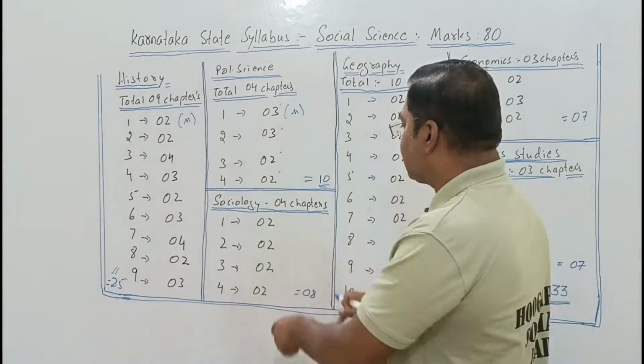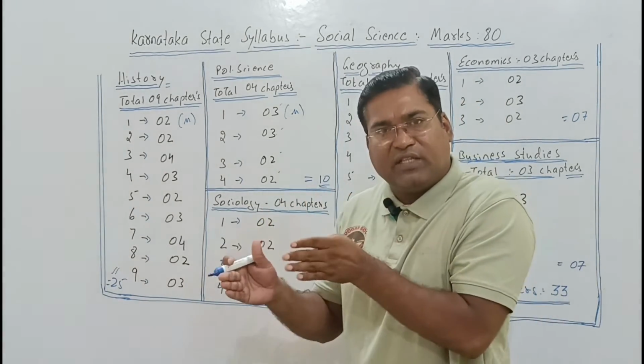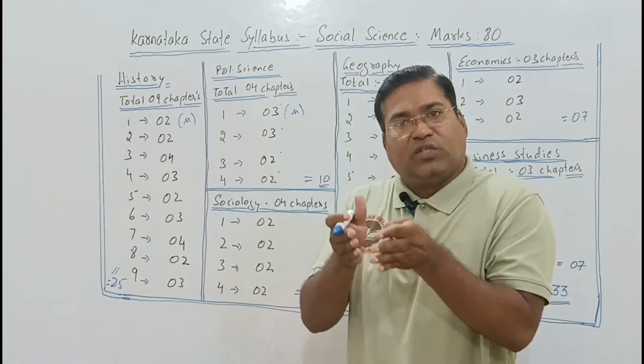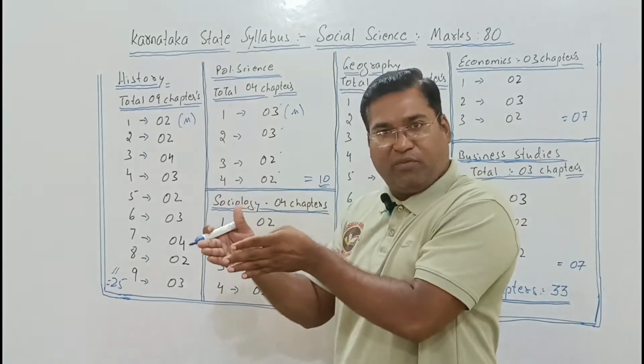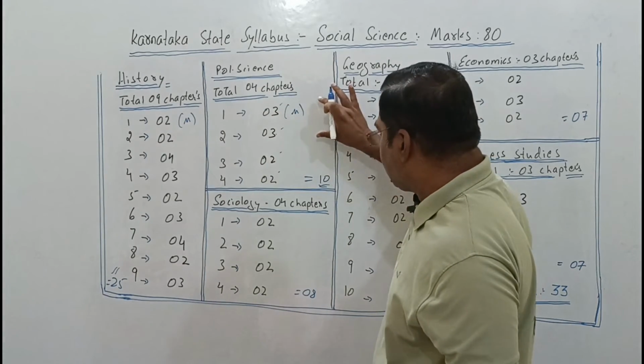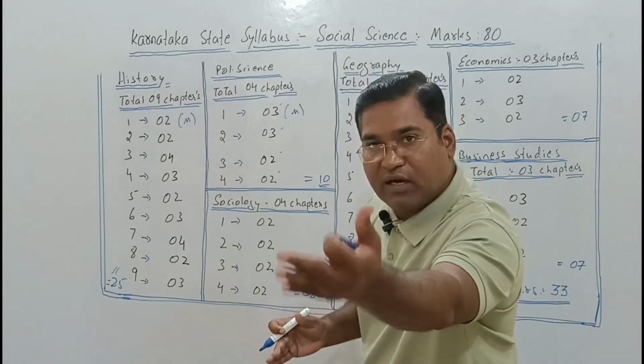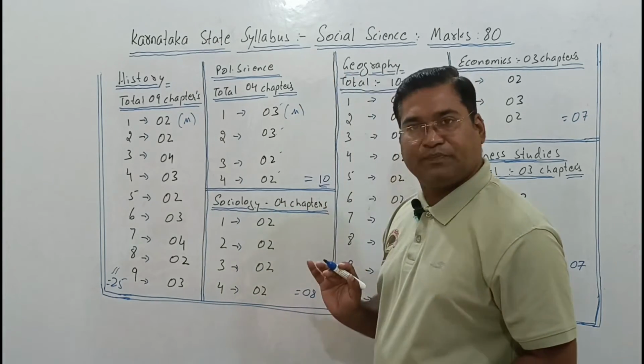So from political science, how many marks is going to come? 10 marks. There we will have the division into 1 mark, 2 marks, 3 marks and 4 marks questions, but overall, out of 4 chapters, political science will have 10 marks in our exam.